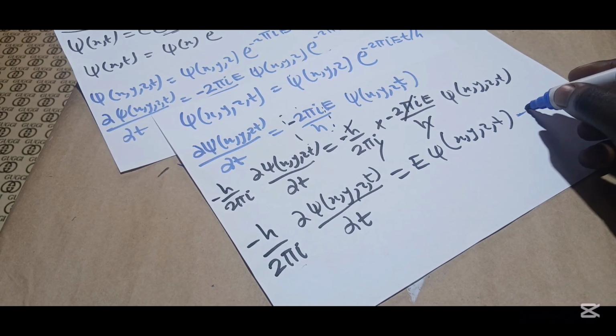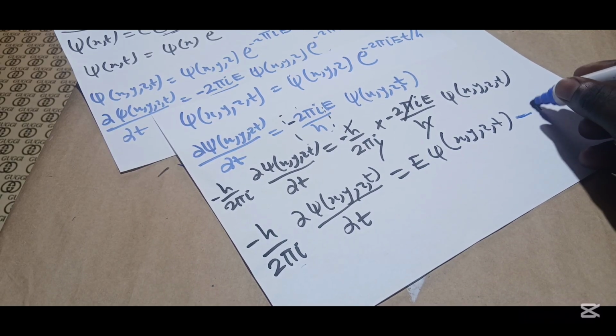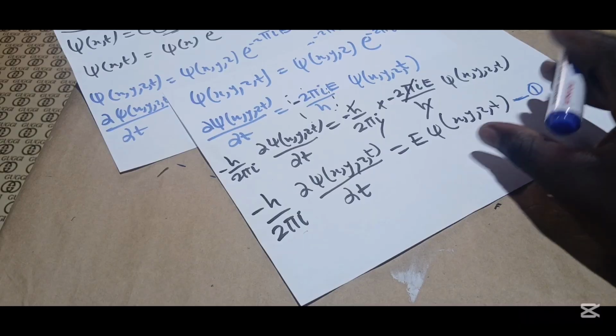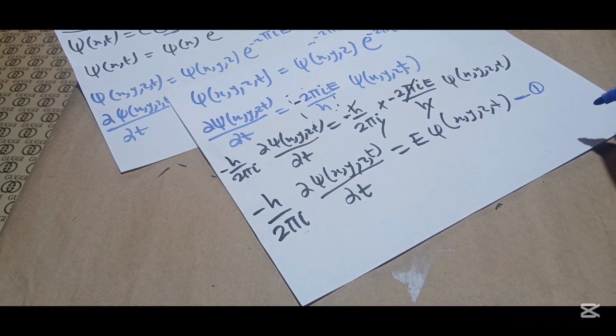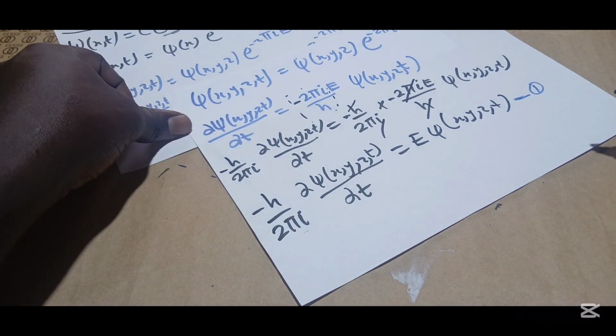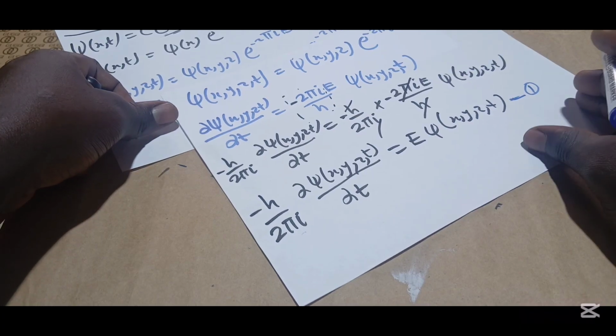But now let's name this equation 1. And then here we are going to quote the time-dependent Schrödinger equation. We are not going to derive it here, but we are rather going to quote it, since we've already derived that one in our video 11, and this is video 12.